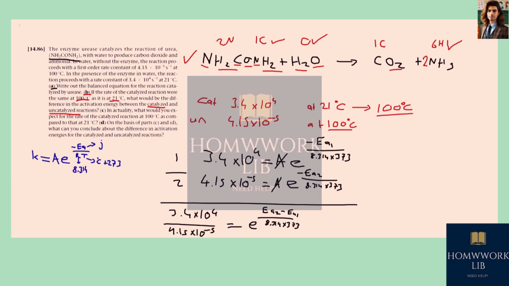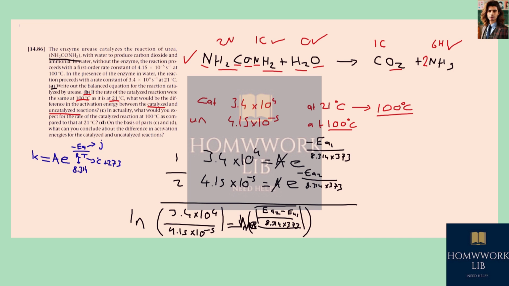So now how we are going to get this Ea2 minus Ea1 is if we take the natural log of both sides, then this is going to cancel each other. So we're going to just be left with this side of the equation, and we're going to get a number from here.